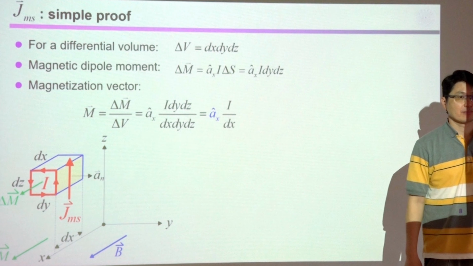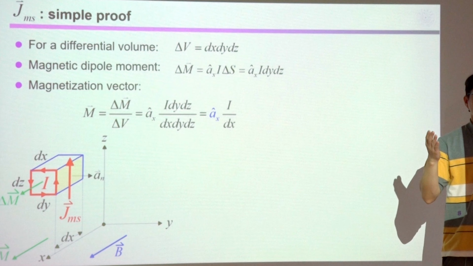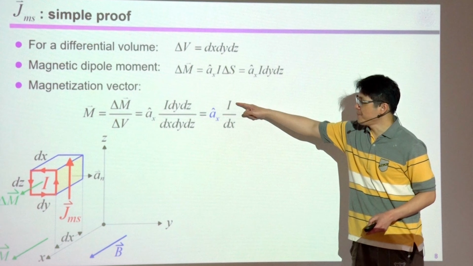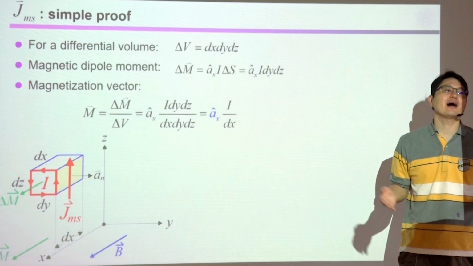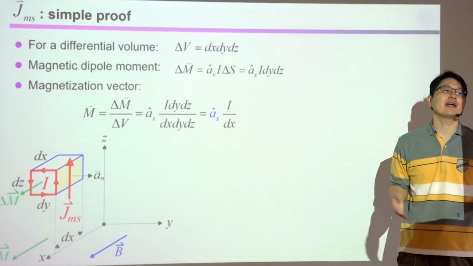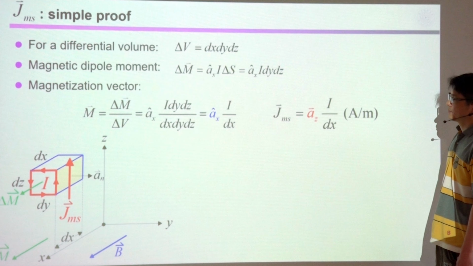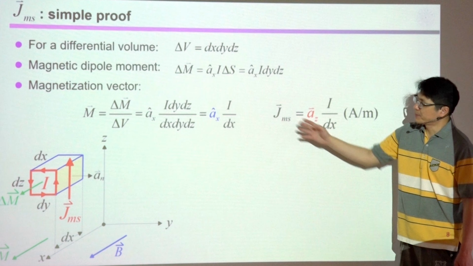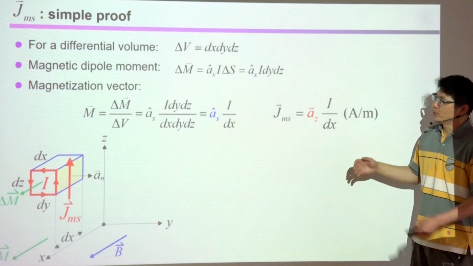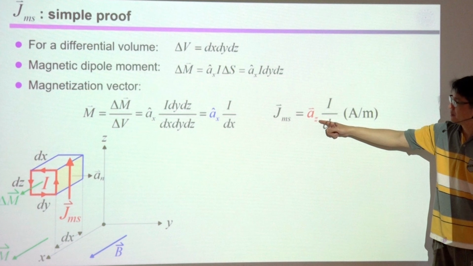As I mentioned, it has a unit of ampere per meter. This is like a line current density. So basically, from the analysis up to now, we can conclude we do have a surface current density.